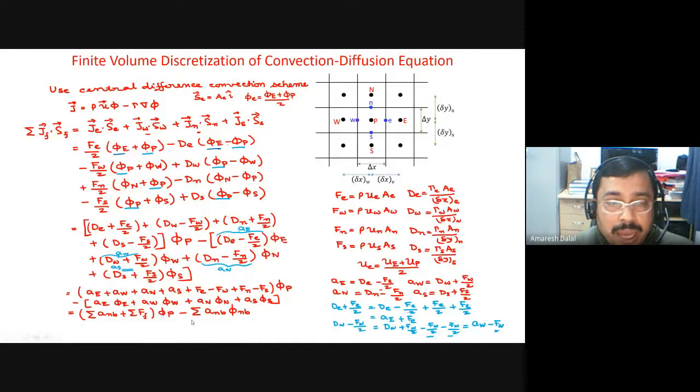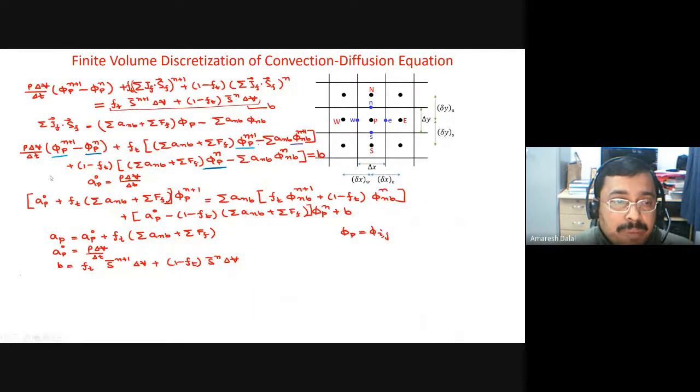Okay, and if you put it in ap phi p form, we can write ap naught, where ap naught is rho delta b by delta t, plus ft into summation of nb plus summation of ff, where summation of ff is the net outflow of flux from the surface, outward flow. So that means at convergence it becomes 0, and we are writing phi p n plus 1.